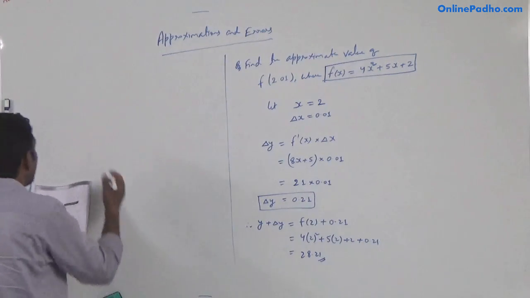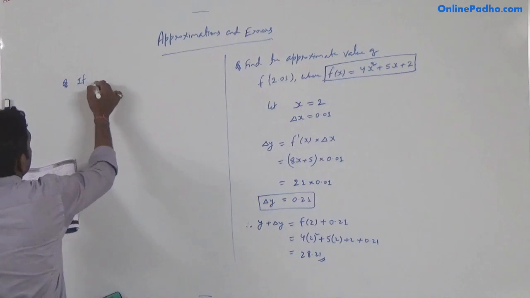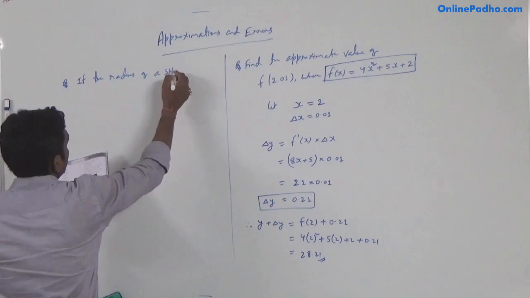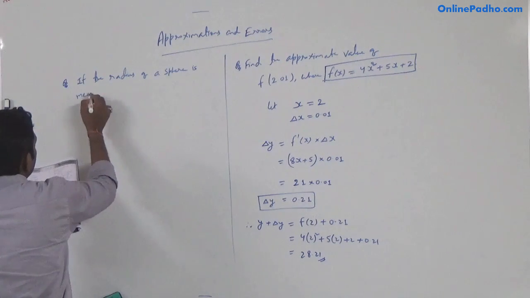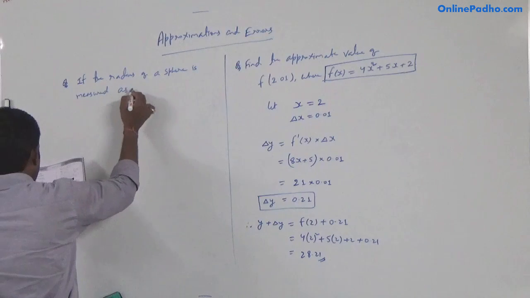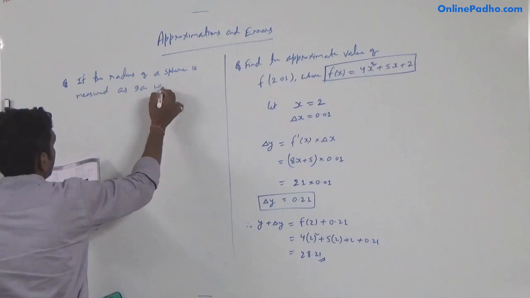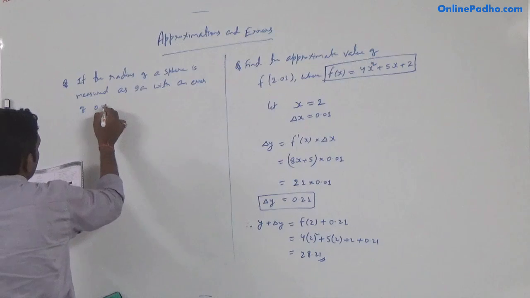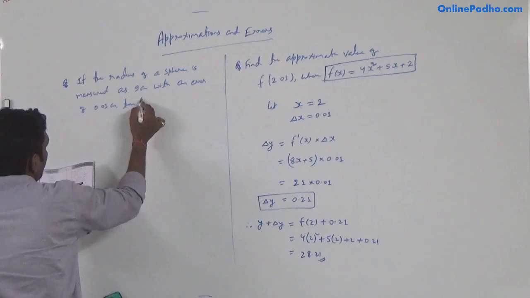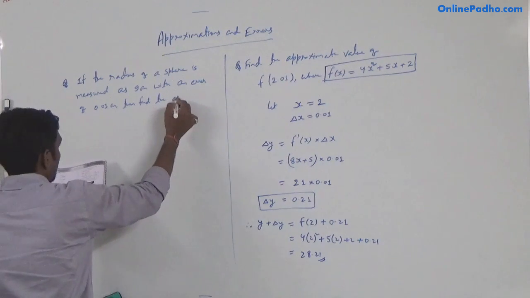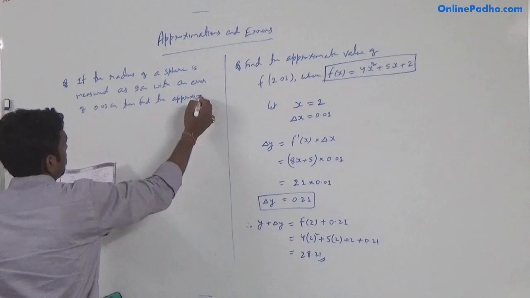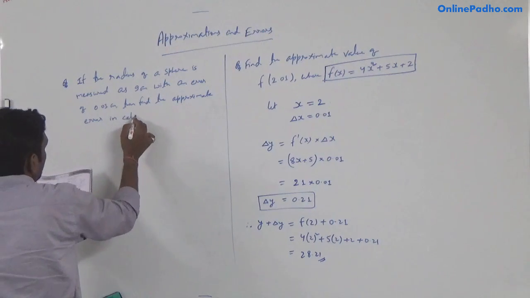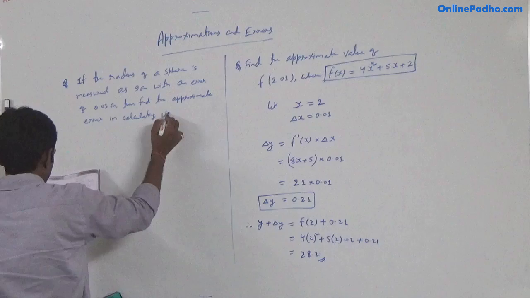the question is very simple, that is, if the radius of a sphere is measured as 9 centimeter with an error of 0.03 centimeter, then find the approximate error in calculating its volume.